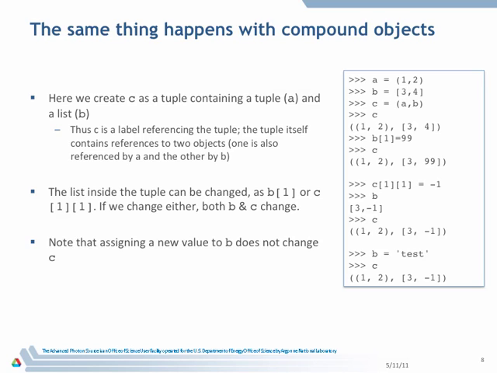My tuple had referred to this and to this. And I've just redeployed B as a pointer to a new object. Okay. If this were B sub 0 or B sub 1, I would be changing B in place. But here, what I'm doing is I'm replacing B.